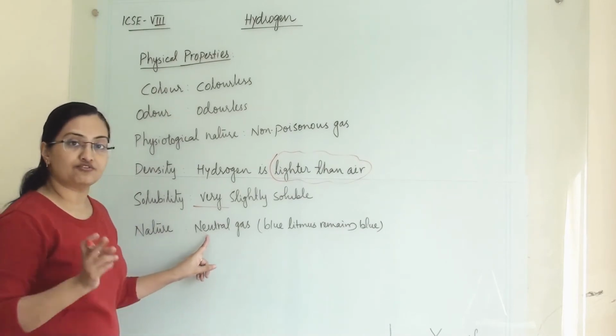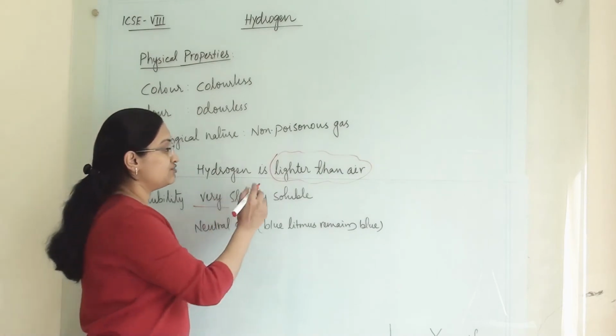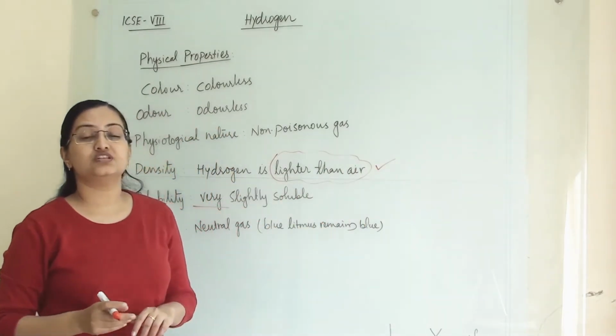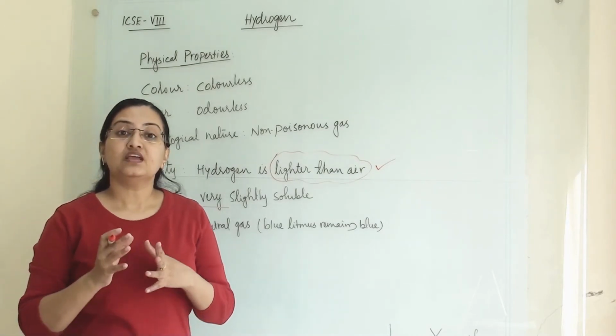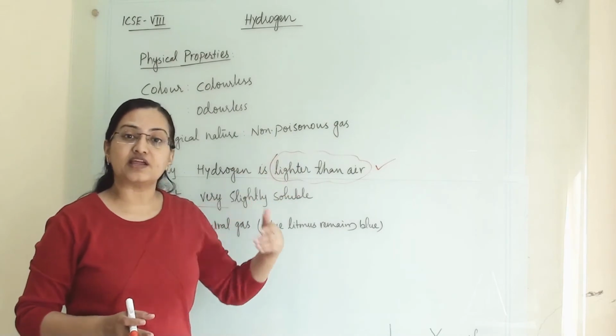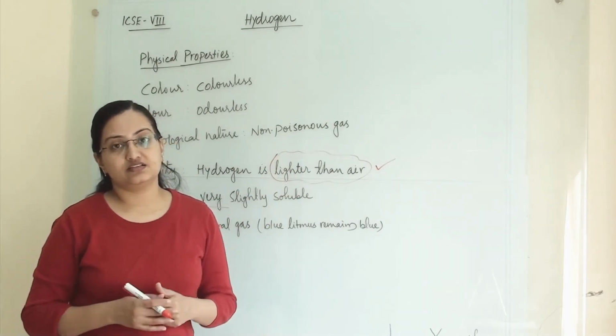So the nature of the gas is neutral, and one of the important properties of hydrogen is that it is lighter than air. So now we are going to see two different experiments, and we will try to prove and confirm that hydrogen is lighter than air.